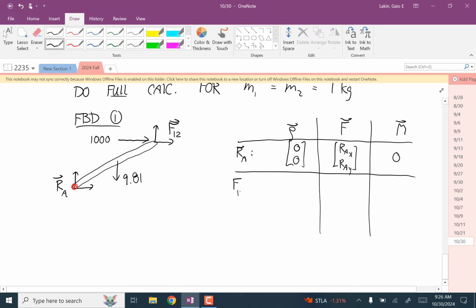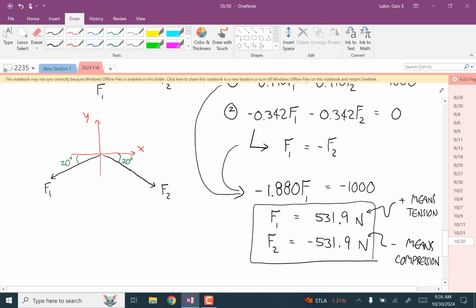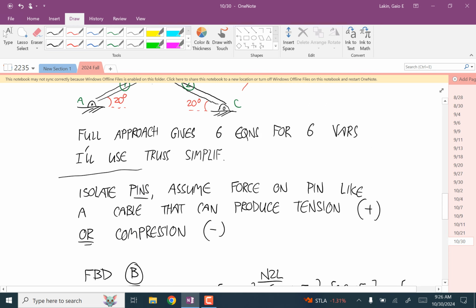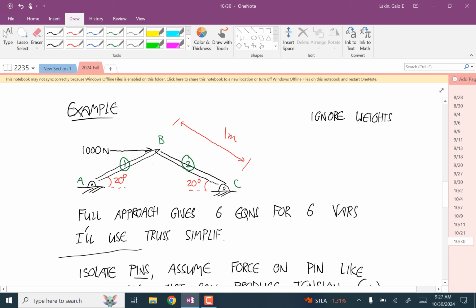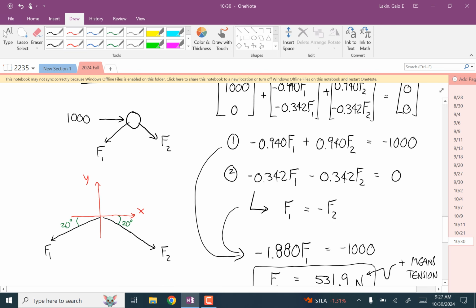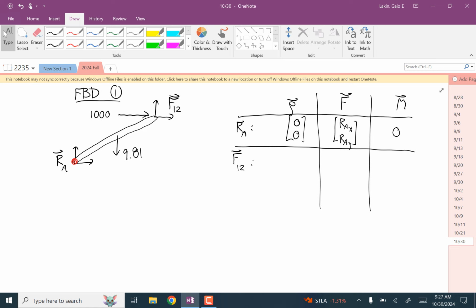Then F12. The rho vector is 0.940, 0.342, since the member is 1 meter long.